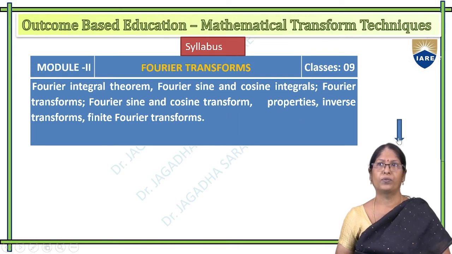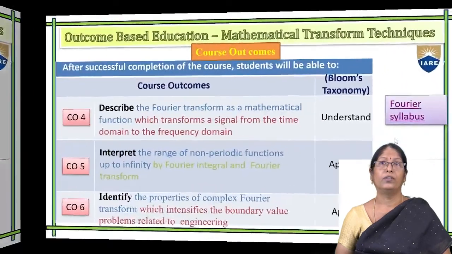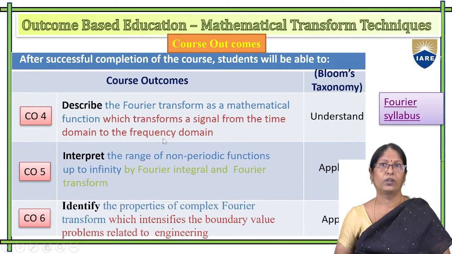For which these are the course outcomes. The first one is the transformation, simple problems, which transforms a signal from the time domain to the frequency domain.